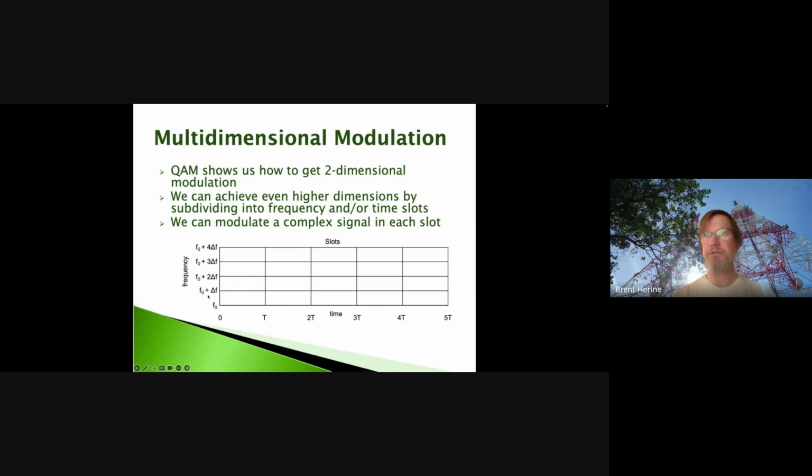But we could also send a signal in this frequency band, and maybe in this frequency band, and so on. So we're achieving higher dimensions by subdividing into these frequency and time slots, and we can modulate a complex signal in each slot. So now we're in the complex domain in both time and frequency.